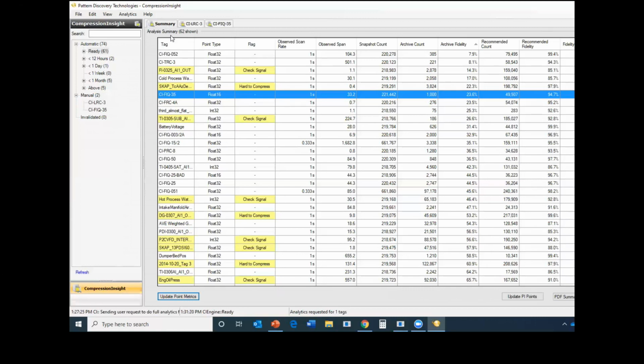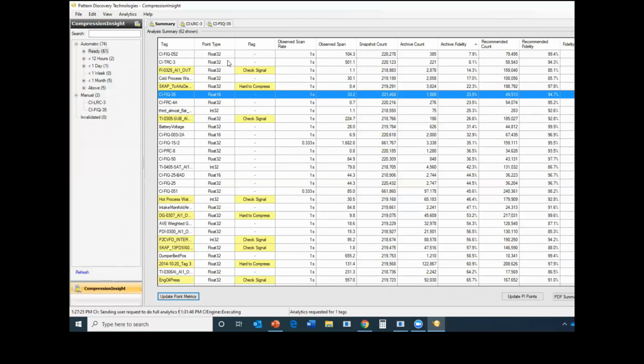Because we are doing an evaluation of the observed data, what you see is what you get. We're trying to make a recommendation here, but we're seeing evidence that this may be a noisy tag, because it is very difficult for us to compress.